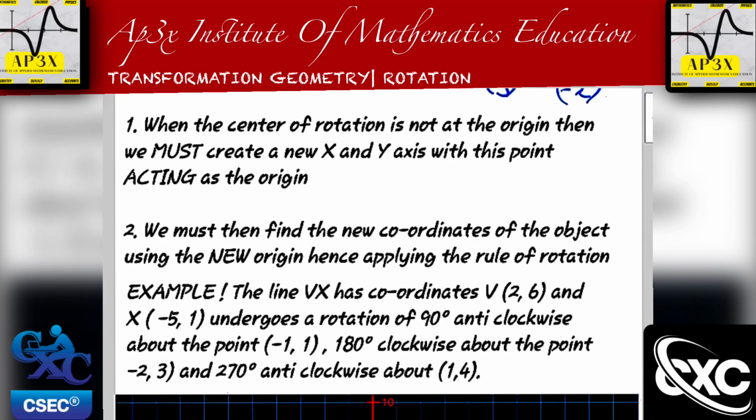And let us continue reading here. It says that when the center of rotation is not at the origin, then we have to create what is called a new x and y axis with this point. And then this new x and y axis that we create around this point will now be acting as our origin, where we are therefore going to have to create new coordinates for our object.